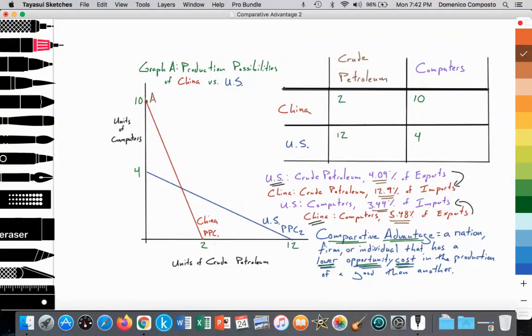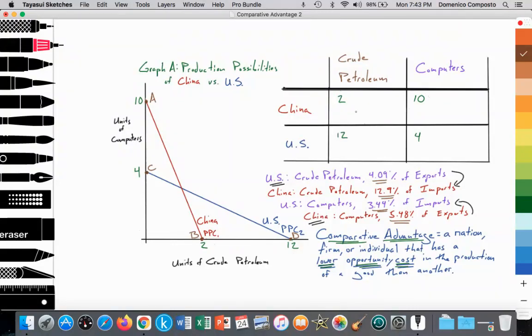Or if they allocate all of their resources at point B, then they can produce 2 units of crude petroleum. In the case of the United States, if they allocate all of their resources at point C towards computers, they can produce 4 units. Or if they allocate all of their resources at point D towards crude petroleum, they produce 12 units of crude.